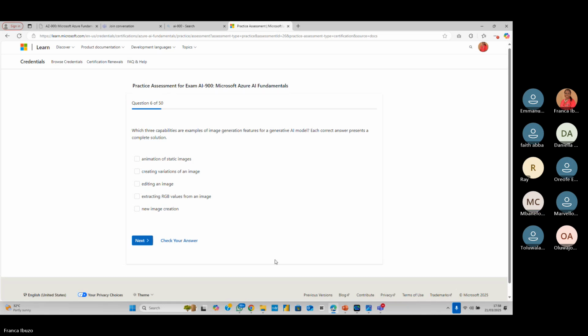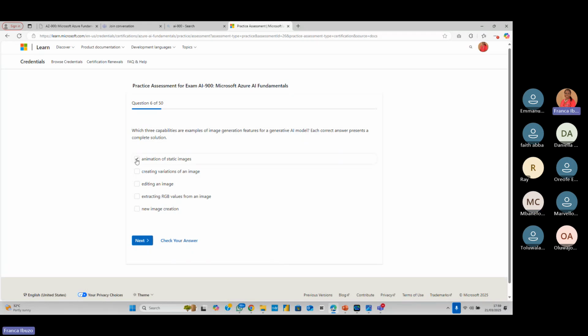Which three capabilities are examples of image generation features for a generative AI model? Each correct answer represents a complete solution. Animation of static images, creating variations of an image, extracting RGB values from an image.